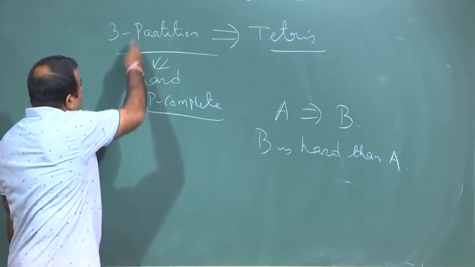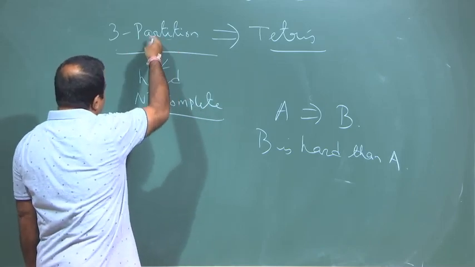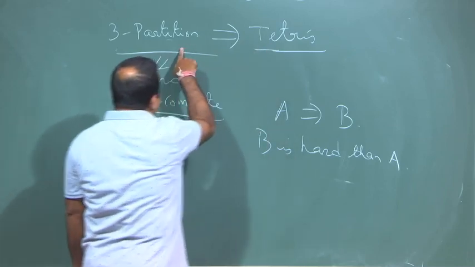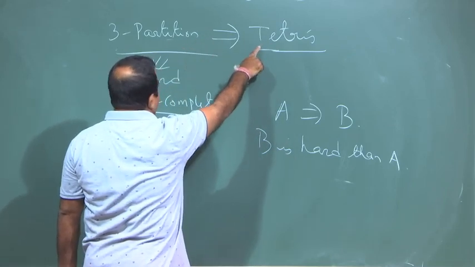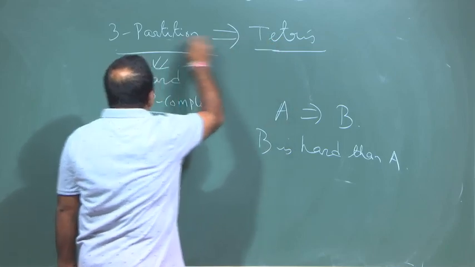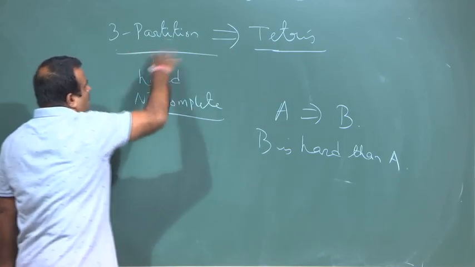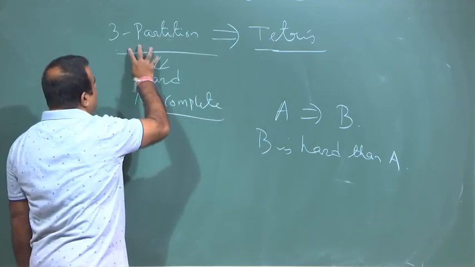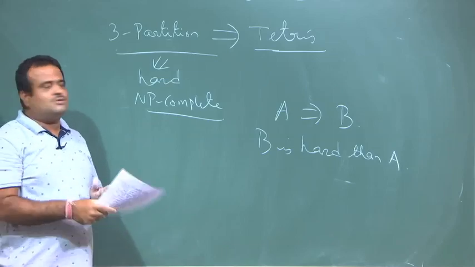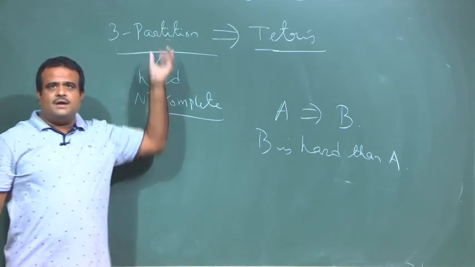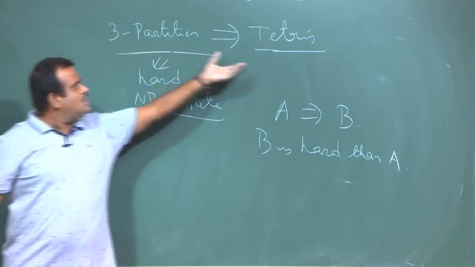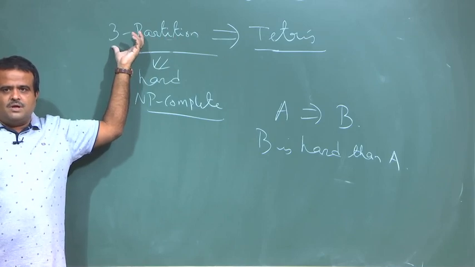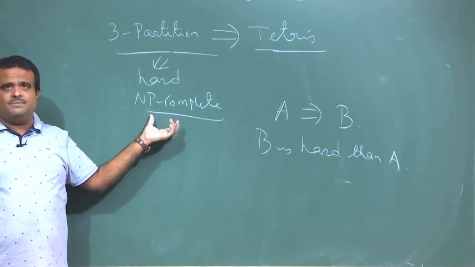So, this one we know is NP complete, a hard problem. So, the other must be at least as hard, because if we could solve it easily, then we could solve this one, since we have a polynomial time reduction from this to that.